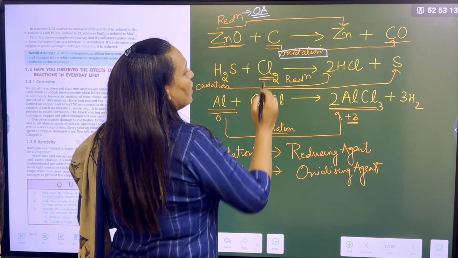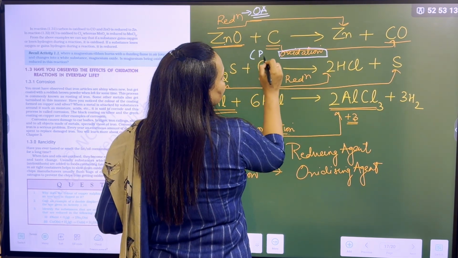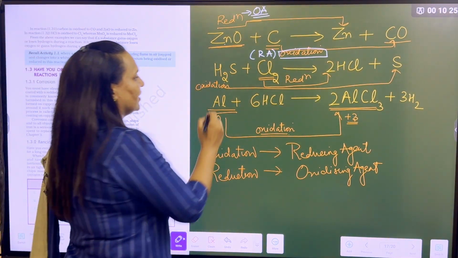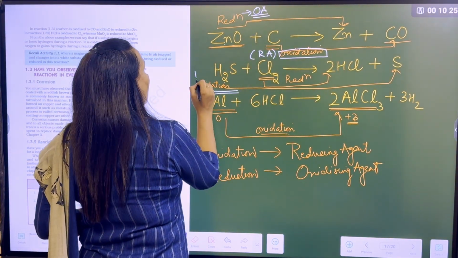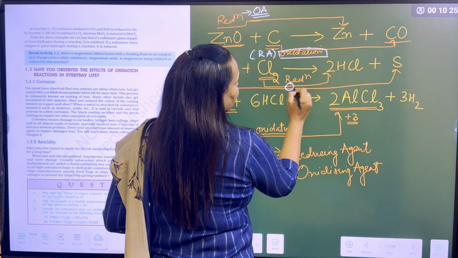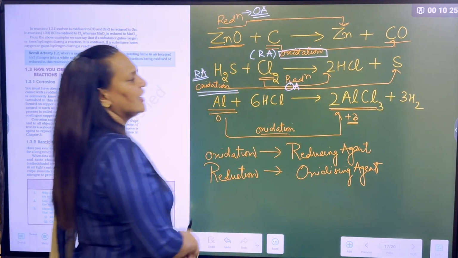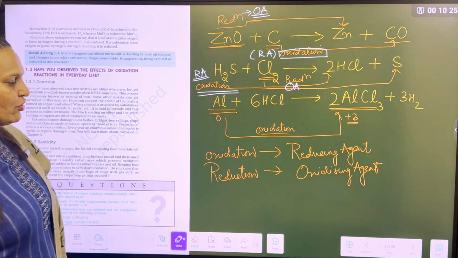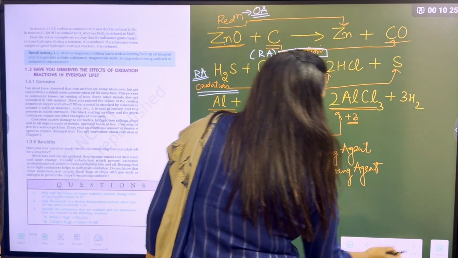And carbon, which is undergoing oxidation, is called reducing agent. Similarly here, this is undergoing oxidation, it is called reducing agent, and who is undergoing reduction, that is called oxidizing agent. Got it, guys? Shall I give you one question here? Okay.